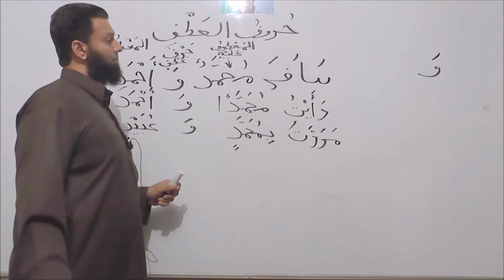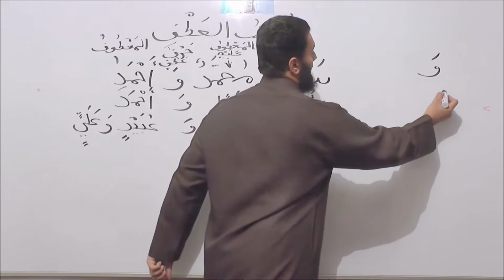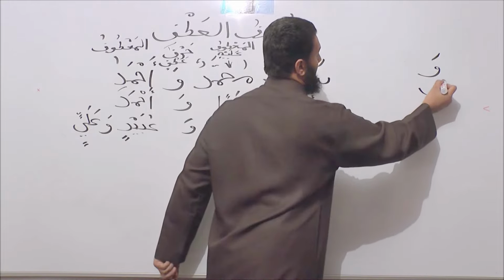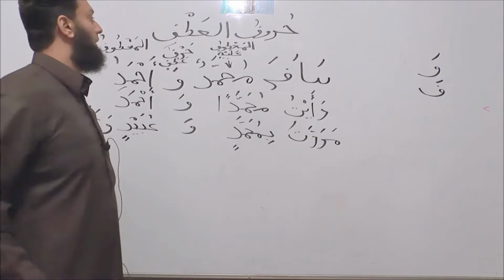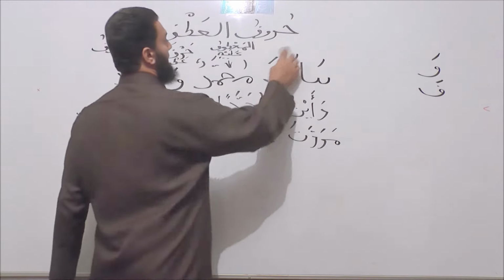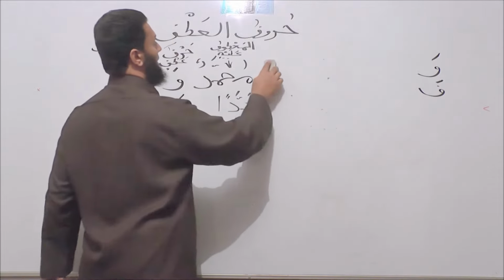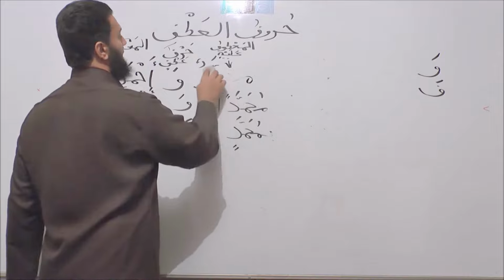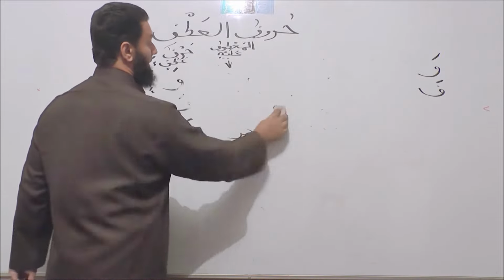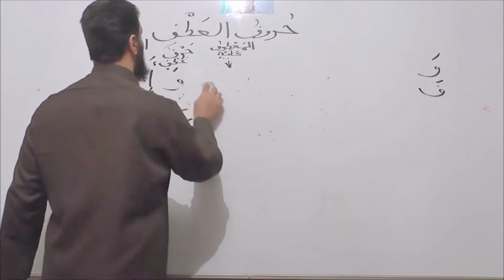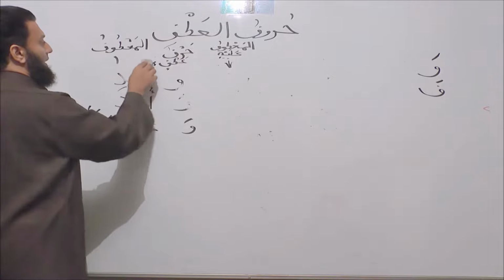So, after the waw, the next most common harfu atfin is the fa. So what is the function of the fa, Ya Muhammad? The fa. To carry on the sentence.